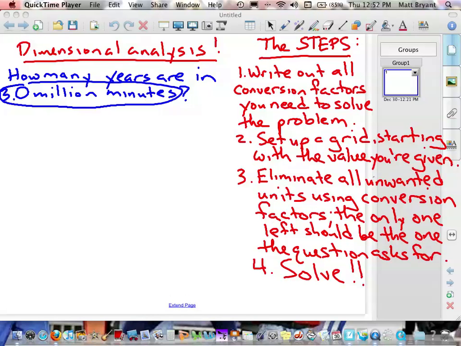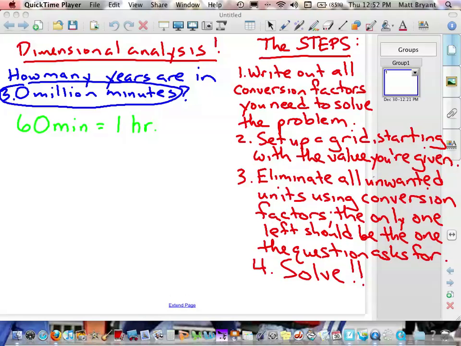Let's set up our conversion factors. And these should be common knowledge to all of you. You've probably used these throughout your life lots and lots of times. We're going to need to know that there are 60 minutes in an hour.